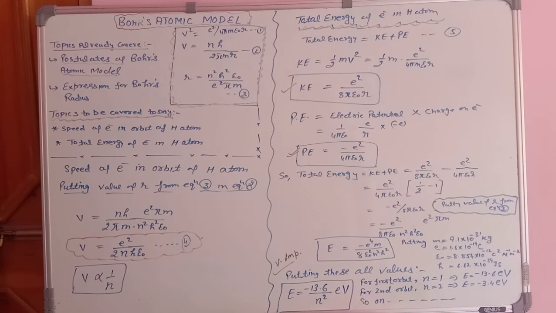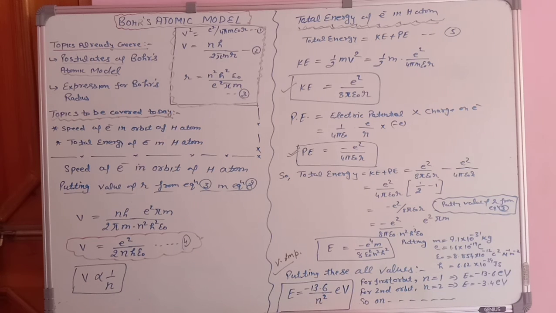Now, how is the question asked in exam, in MCQs? For example, they will ask, find the energy of hydrogen atom in first orbit. Find the energy of electron in hydrogen atom in second orbit, in third orbit, and so on. So simply you have to put the value of n.